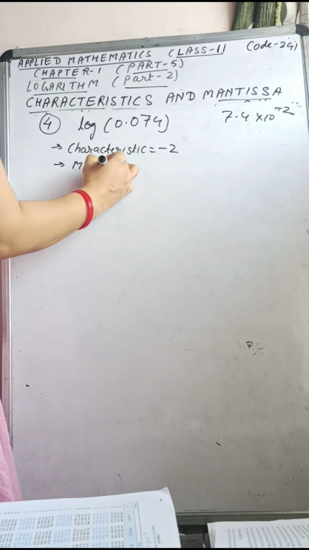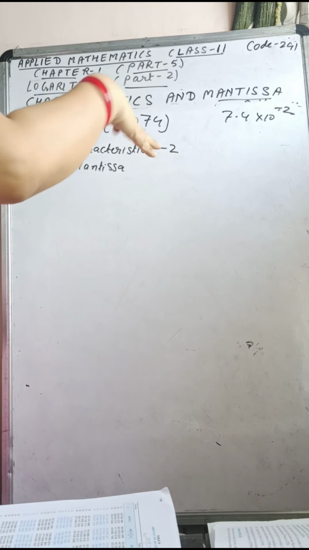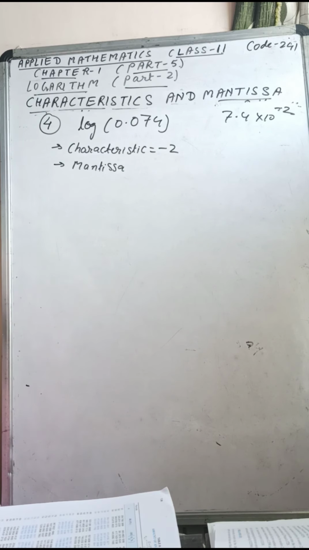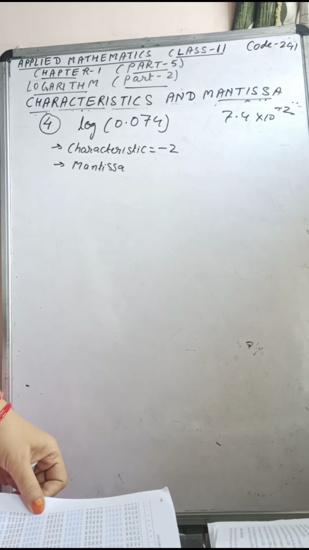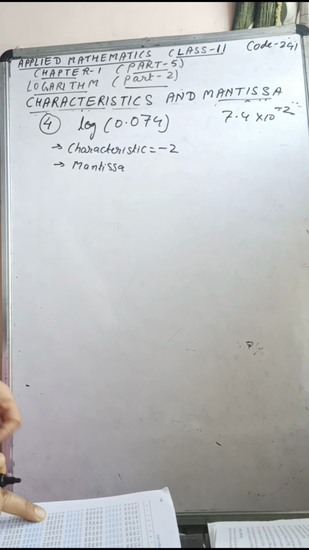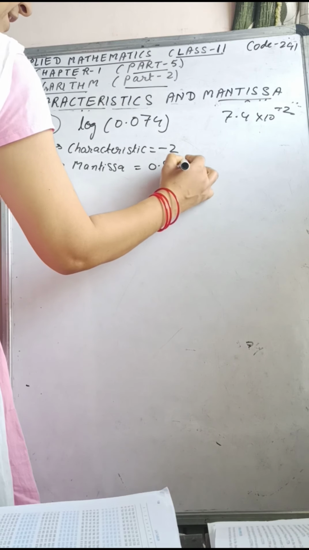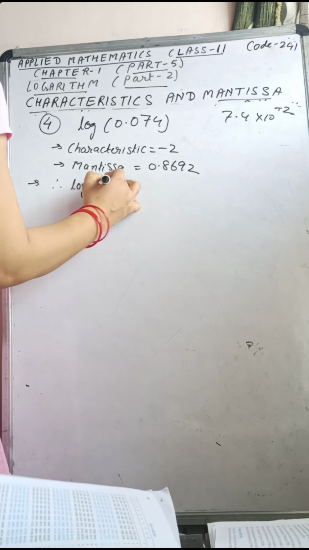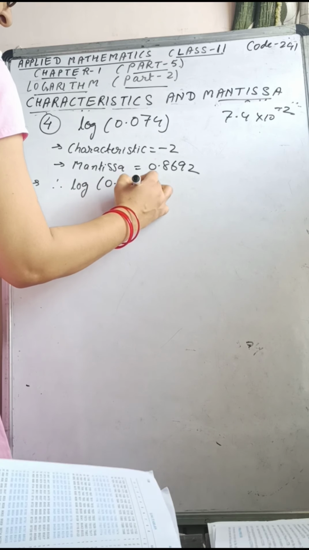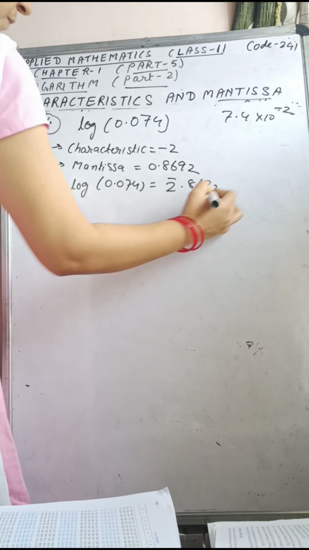Mantissa: row 74, column 0 is 8692, so 0.8692. Therefore log of 0.074 equals 2 bar 8692.